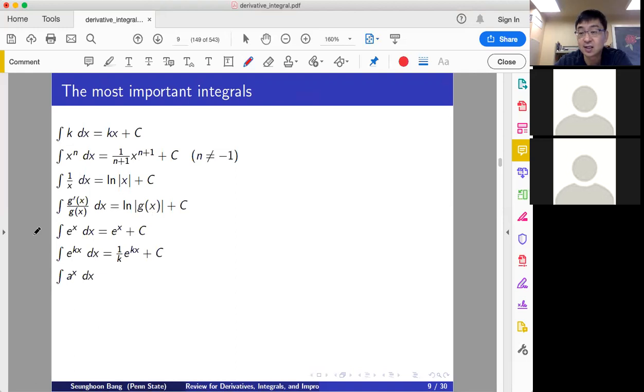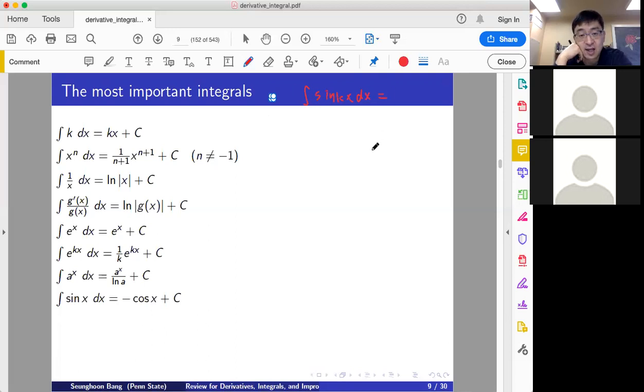The integral of a to the x dx, really be careful, is a to the x over ln of a, plus c. The integral of sine x dx is negative cosine x. Do you know this one? What is the integral of sine kx dx? Do you know that? What is the answer?